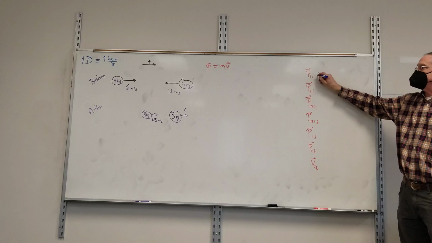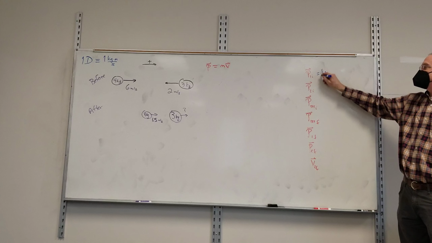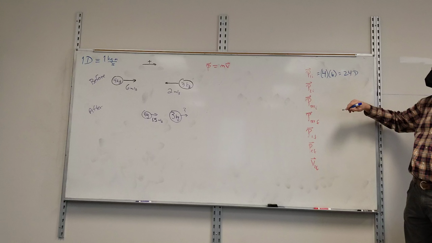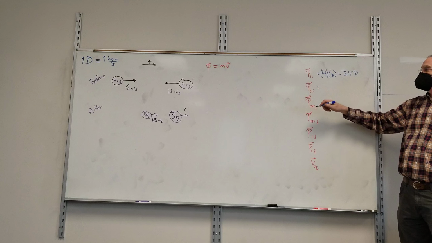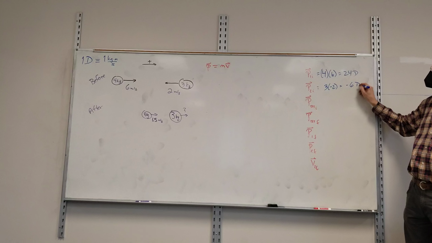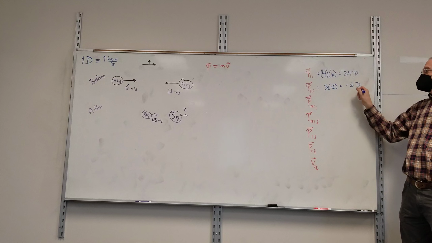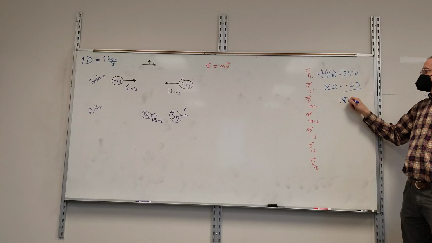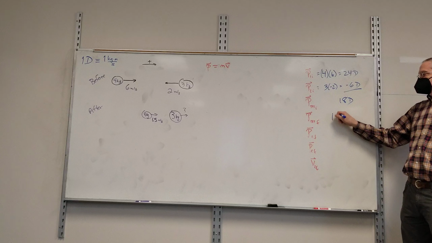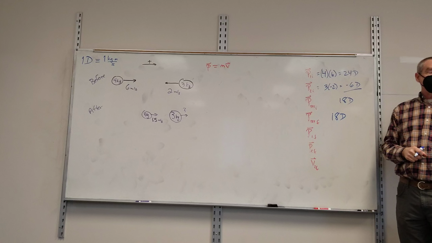So this is going to be 4 times 6, or 24 units of momentum. The second one, 3 times -2, or -6 units. So my total is, well, I can just add them together, I get 18. Momentum's conserved, so I know my final is 18.